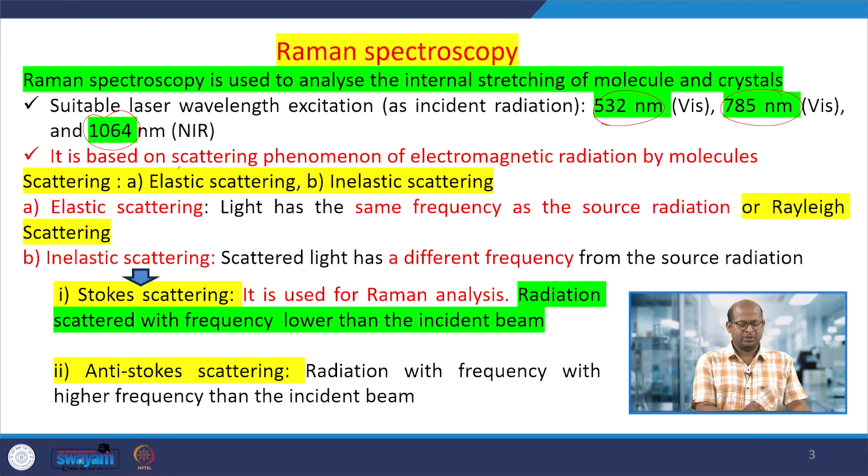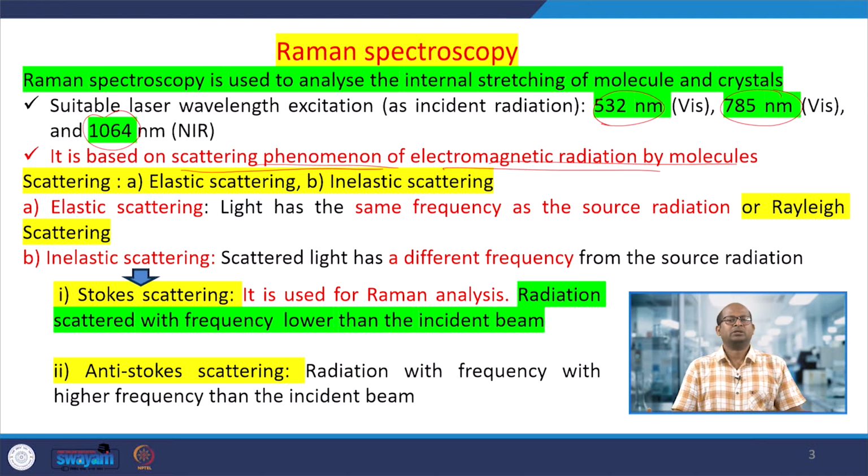It is actually based on the scattering phenomenon, electromagnetic radiation scattered by the molecules. When electromagnetic radiation falls on molecules, light is scattered from those molecules, and that scattering may be of different types. We can collect that scattered light with the help of detectors and analyze the material property. Scattering may be elastic or inelastic.